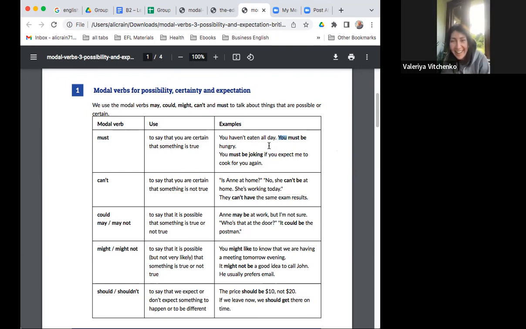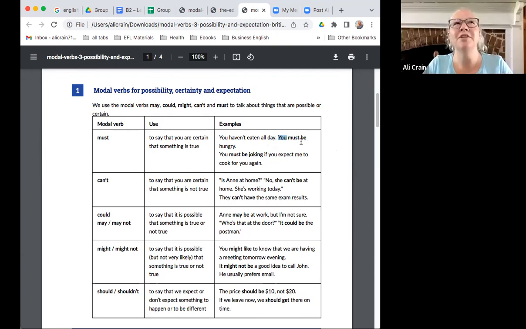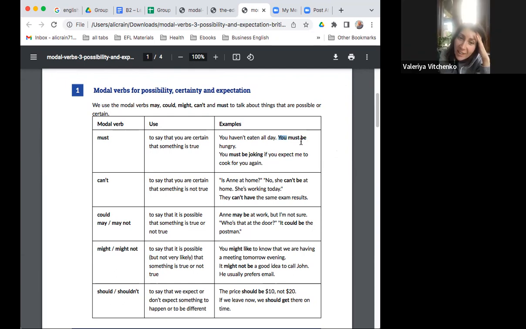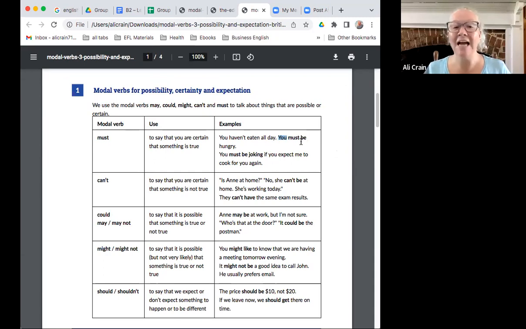Yeah, the problem with that is that that's not the correct grammar to use for possibility, certainty, and expectation. It is common usage, but not necessarily proper grammar. Okay. But I'm like, oh, you haven't eaten all day, you have to be hungry. But that wouldn't be the proper way of saying it.